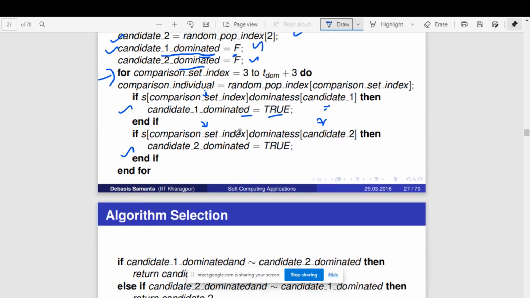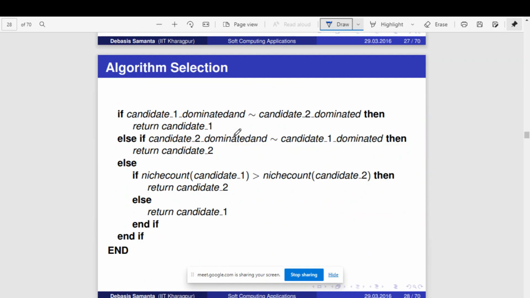So after coming out of this for loop, we have to check whether, if candidate 1 dominated, and not candidate 2 dominated, then we are returning candidate 1. That means candidate 1 dominated.